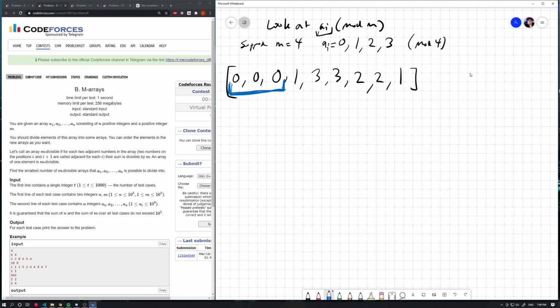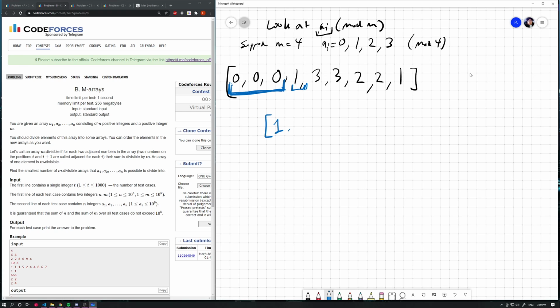Great. The next thing we can do is, for each element, let's say we look at 1. Let's say we have a hypothetical subsequence starting at 1.